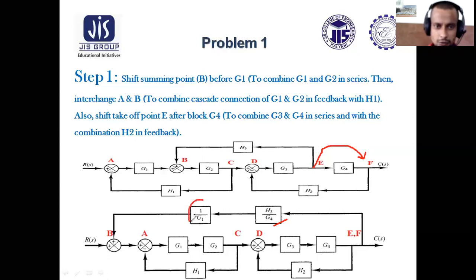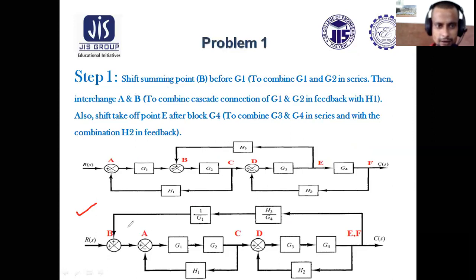This 1 by G1 is multiplied here as this signal was entering at B, and this B is shifted before the block. So finally, after making this shifting, we'll get this diagram.